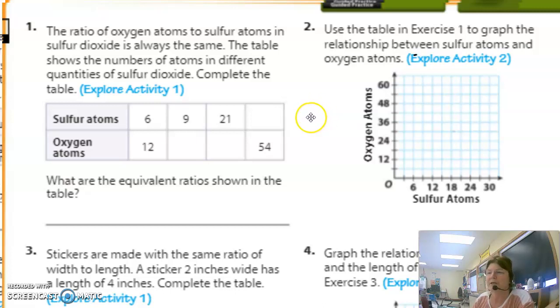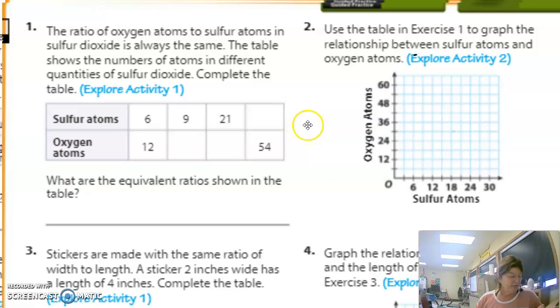In Explore Activity 1, it tells you how to find those when you have these different types of numbers. Finding ratios from tables, looking at the book, it has the ammonia and the distilled water. And so we had to find those numbers, okay?